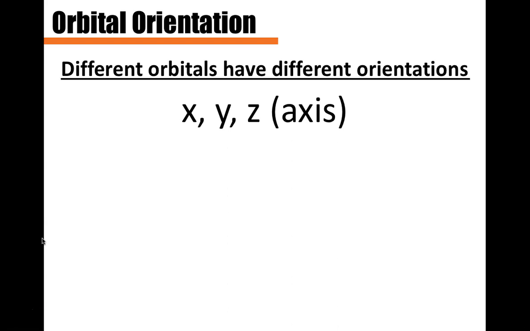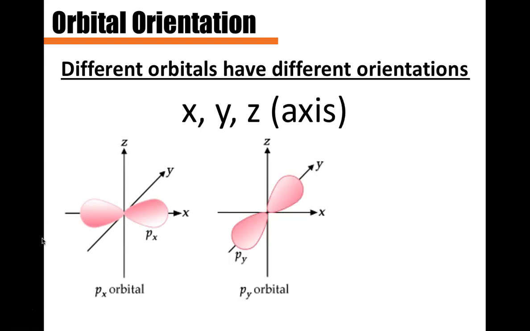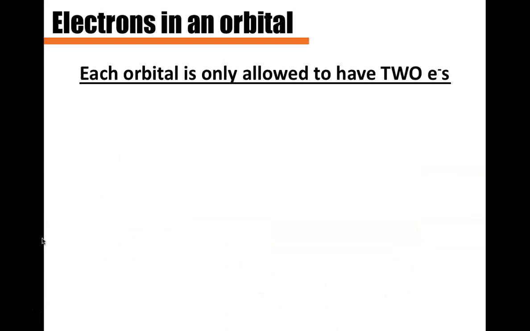Obviously, we have X, Y, and Z axis, 3 dimensions of space. So we know the p orbitals can exist on any of the axes. We saw that one. So understanding their orientation in space can also support the shape that exists, the mathematical function.